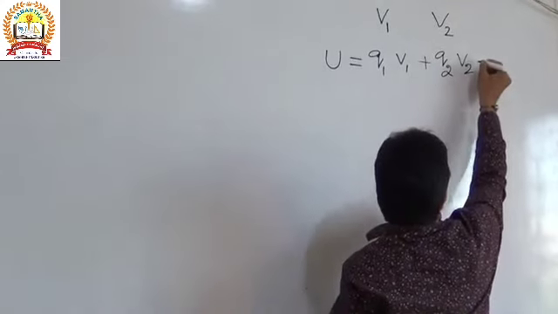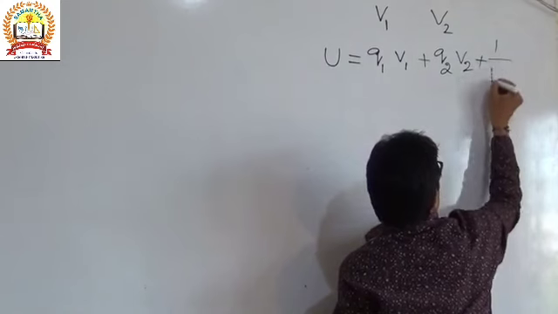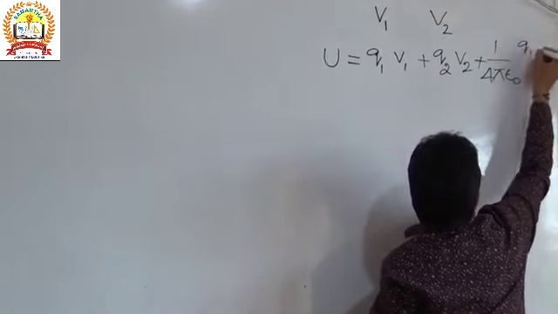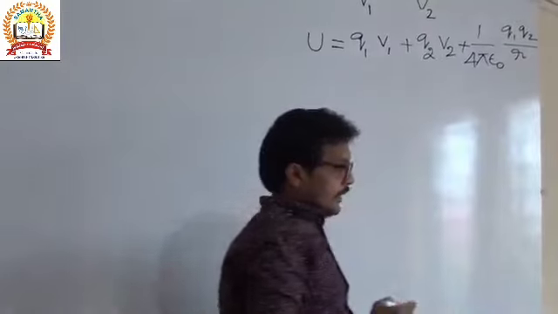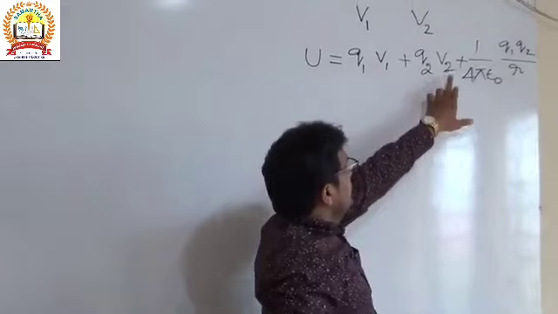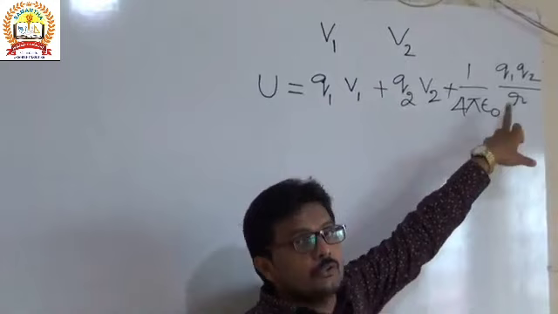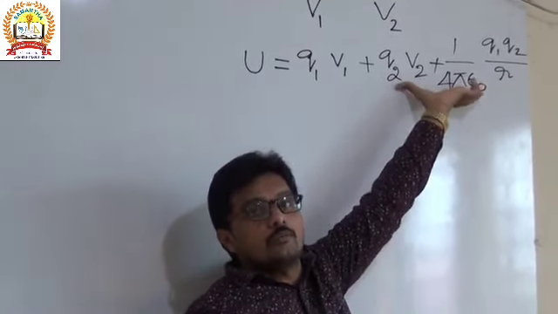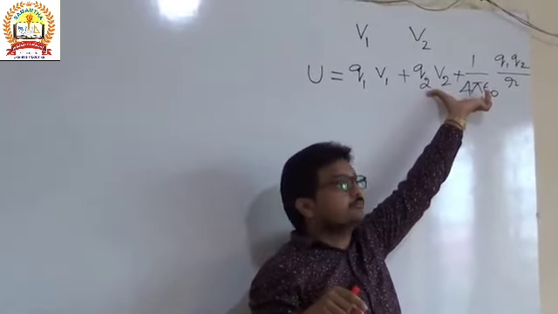So Q2 V2 plus 1 upon 4 pi epsilon naught Q1 Q2 upon R. This is the total work done to bring the charge from infinity to the given point.